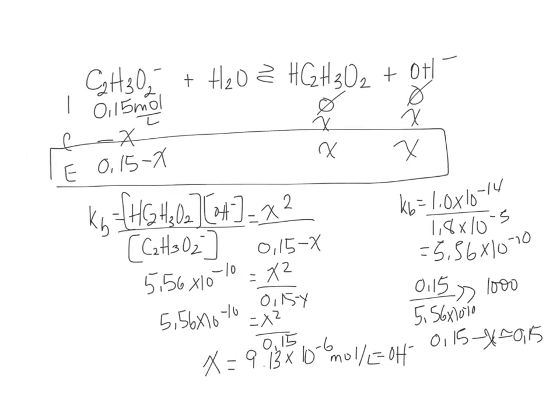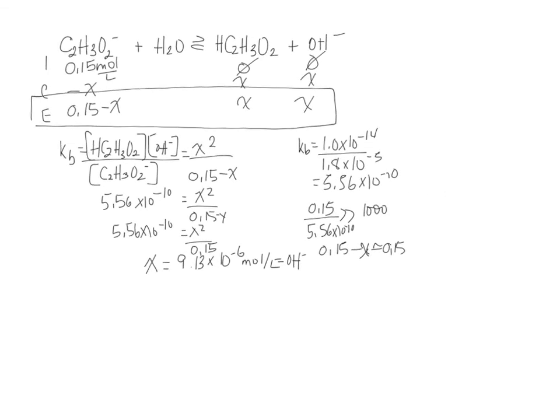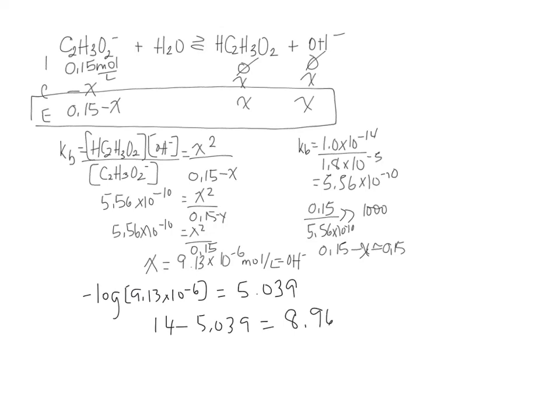So I'm just going to move this up and shrink it so we have more room. So the negative log of 9.13 times 10 to the negative 6 is 5.039. 14 minus 5.039 is 8.961.